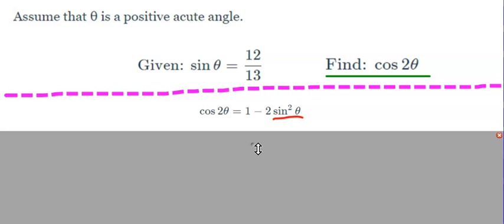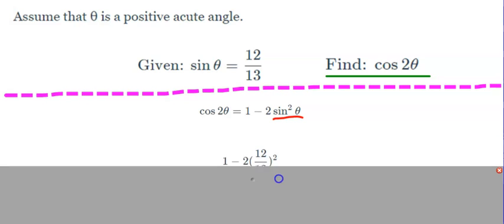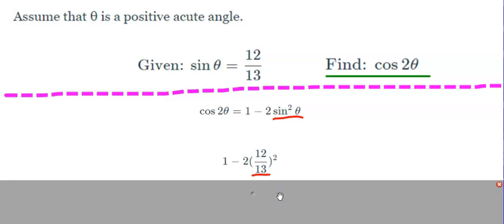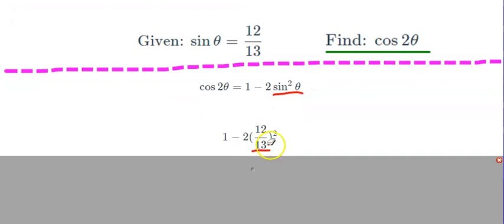What you do is you replace the sine theta with 12 over 13, but the big thing is the squared function now just applies to the fraction that you substituted in its place. So now it's 1 minus 2 times the fraction of 12 over 13 being squared.